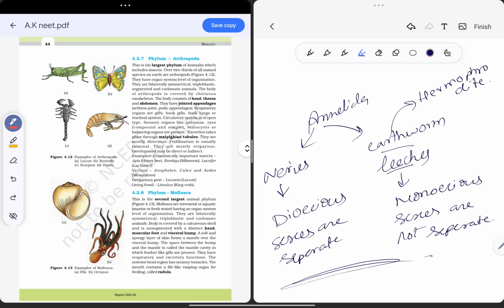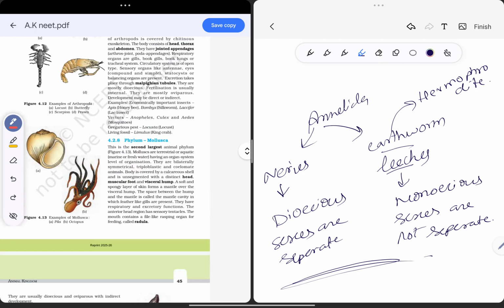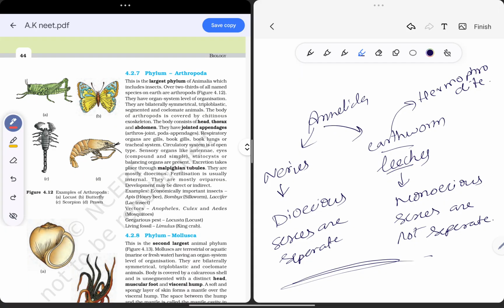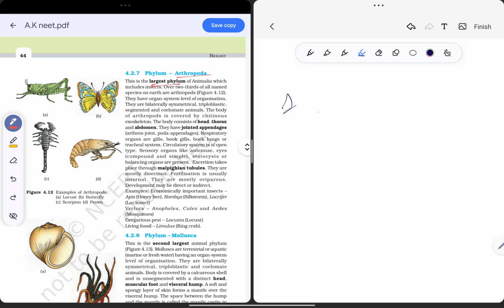The next is Arthropoda, then Mollusca, Echinodermata. You just have 4 more phyla. Arthropoda is the first largest. You need to remember that the first largest phylum is Arthropoda.